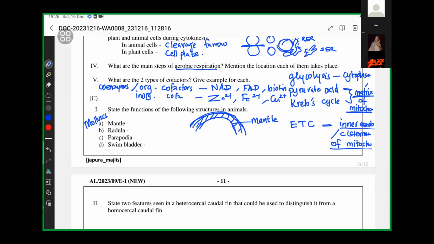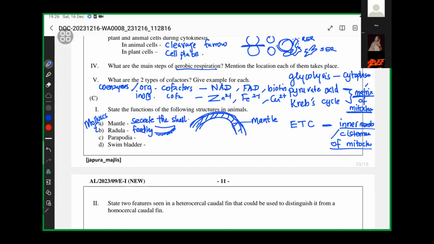So the radula also you can see in the mollusks. It is a structure in the mouth. It is like a razor blade. You can see the razor blade like thing inside their mouth. So it is used for feeding. And the mantle is used to secrete the shell.